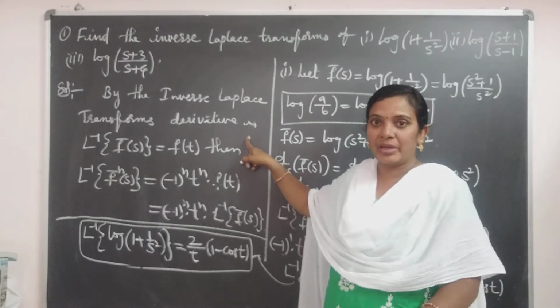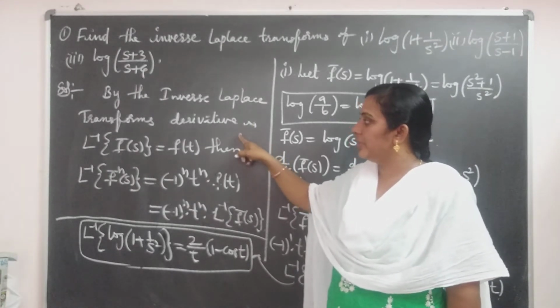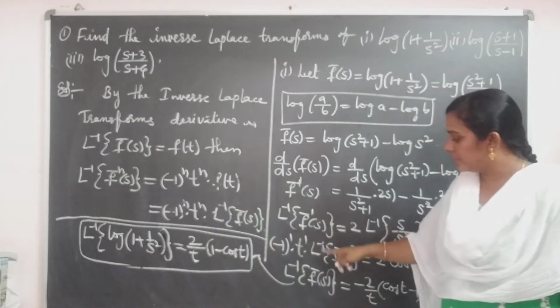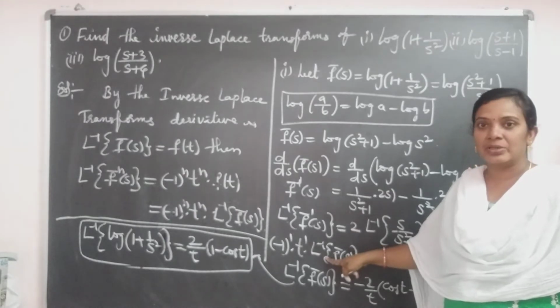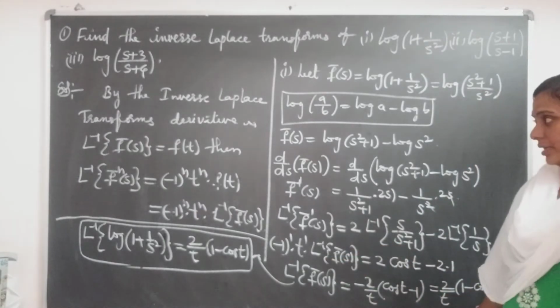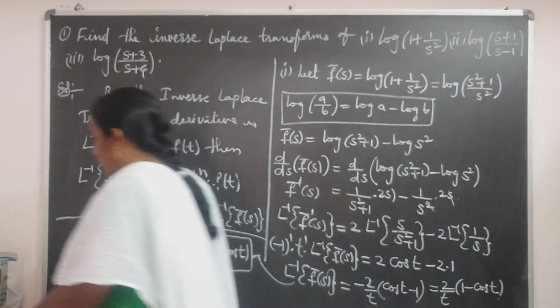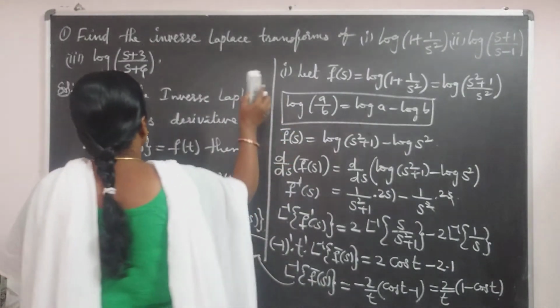Then we get it equal to minus 1 into t into L inverse of f bar of s. And the same way I am solving the second problem.